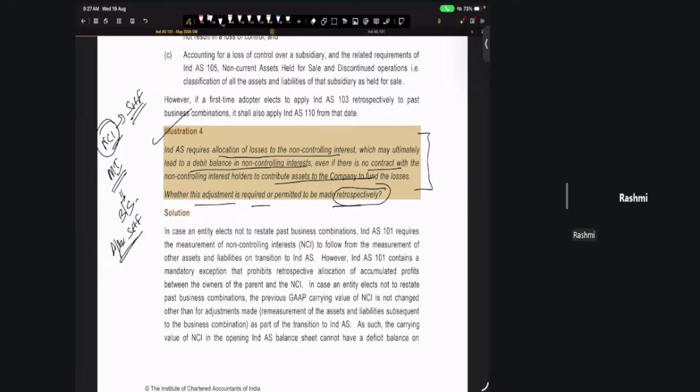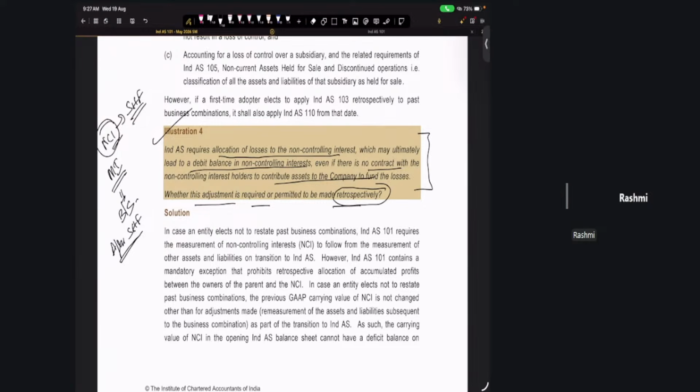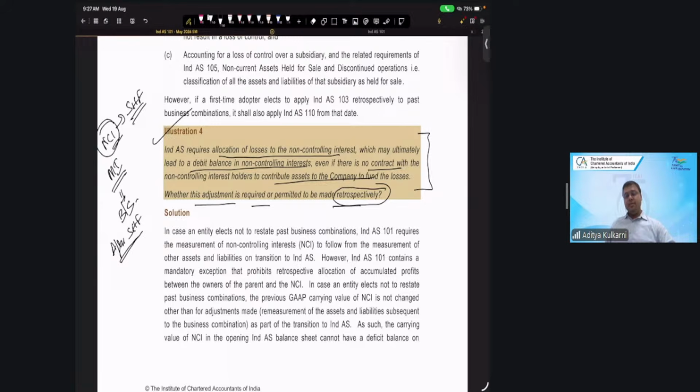So the choice of a retrospective adjustment depends on the choice of restatement that the company has adopted. You understand? Yes, sir. So this is not a plain simple yes or no. It is permitted depending on the choice that you have opted for.